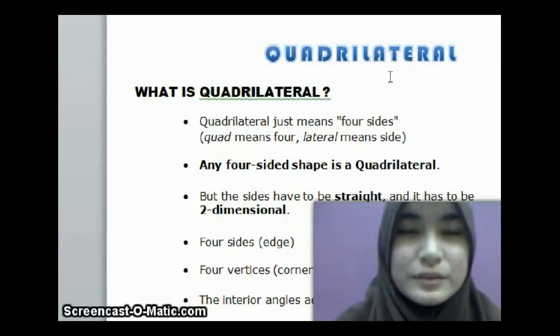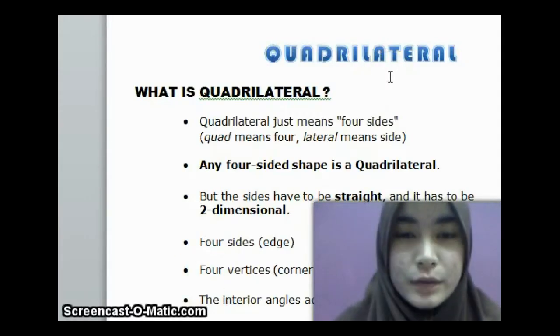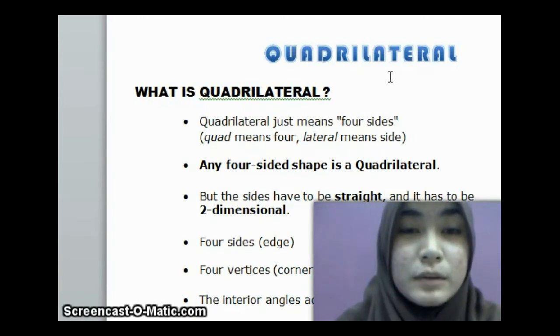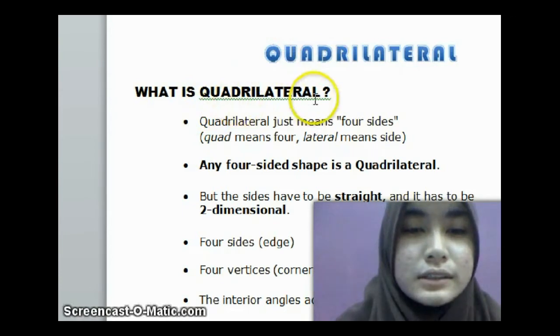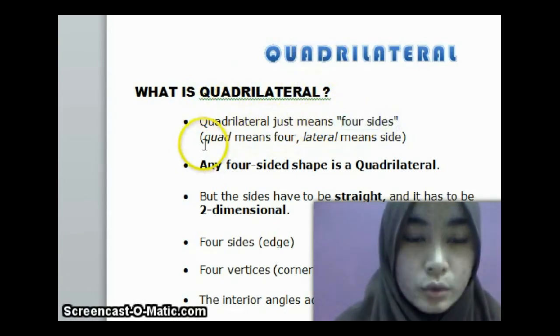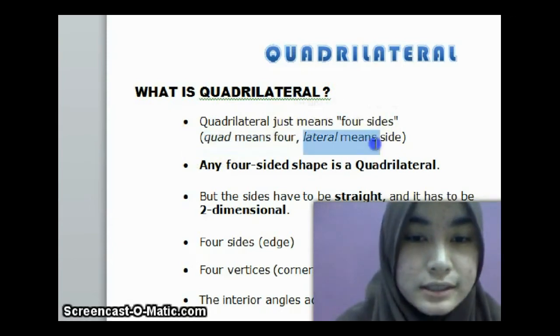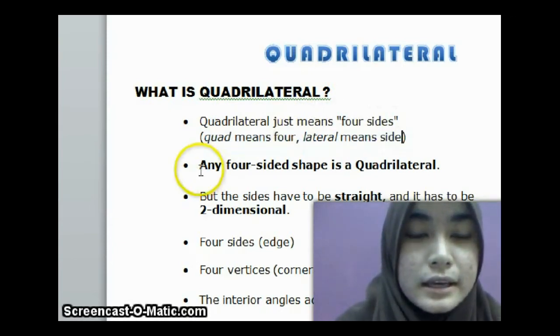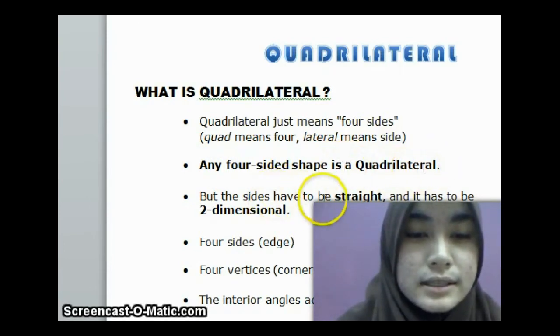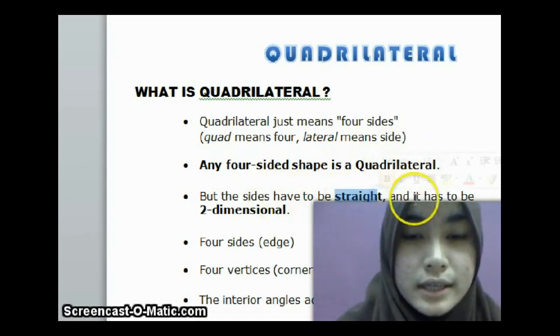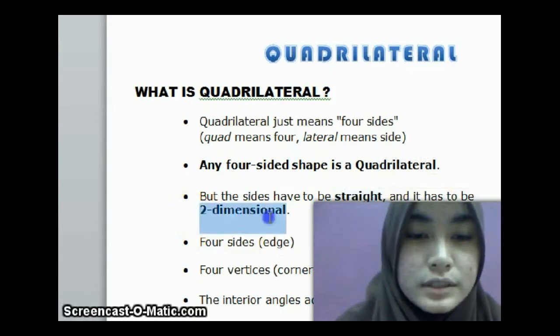Assalamualaikum warahmatullahi wabarakatuh. Today I would like to share about one type of polygon, which is quadrilateral. What is quadrilateral? Quadrilateral just means four sides. Quad means four, lateral means side. Any four-sided shape is a quadrilateral, but the sides have to be straight and it has to be two-dimensional.